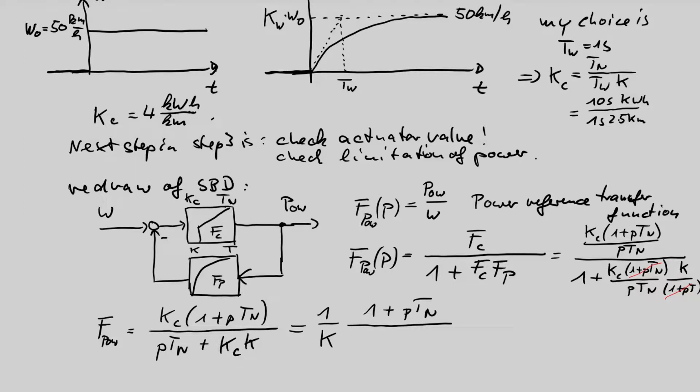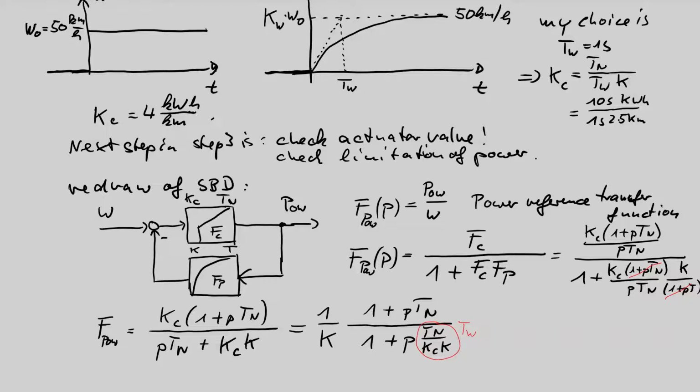In the denominator we have a 1 plus PTN, which gives PTN divided by KCK, and note this parameter we have already called TW.